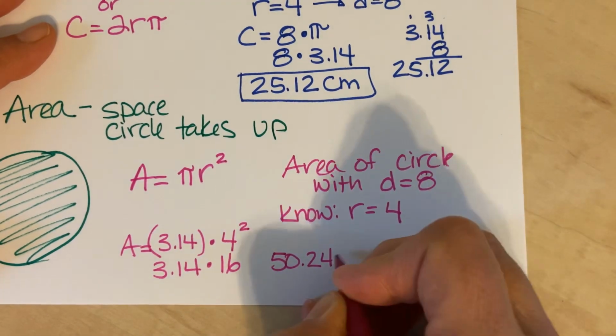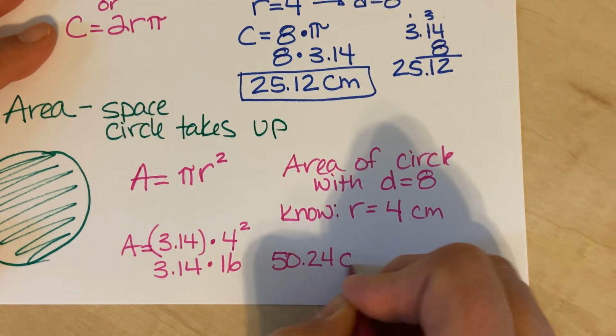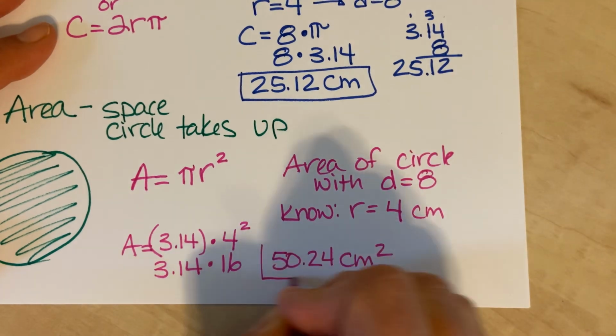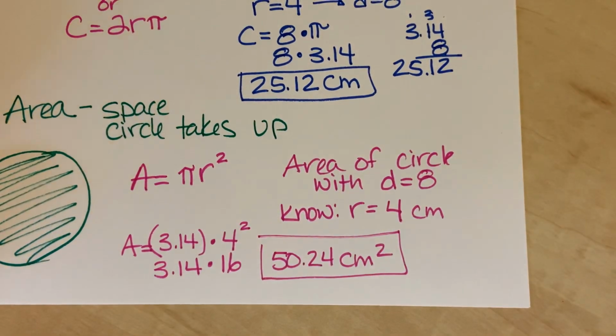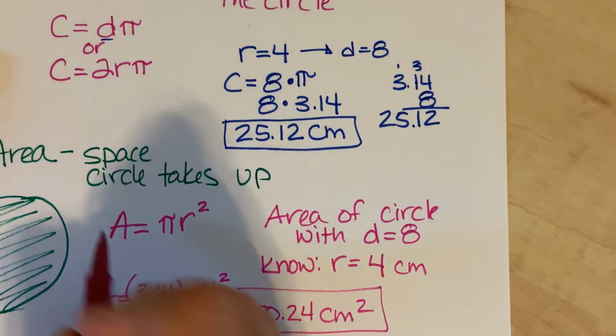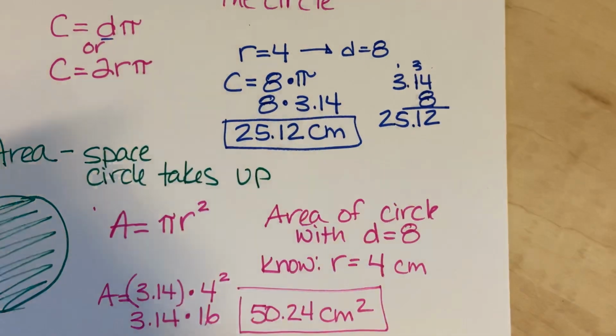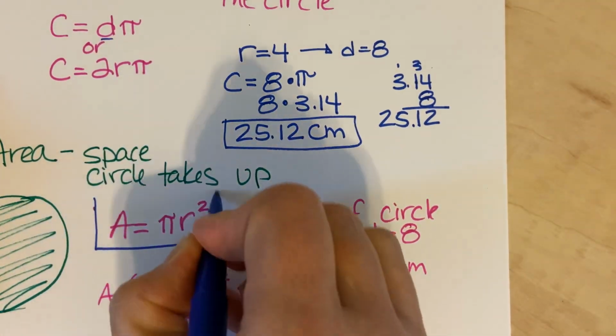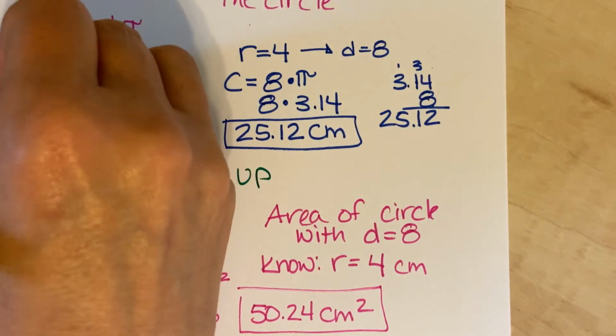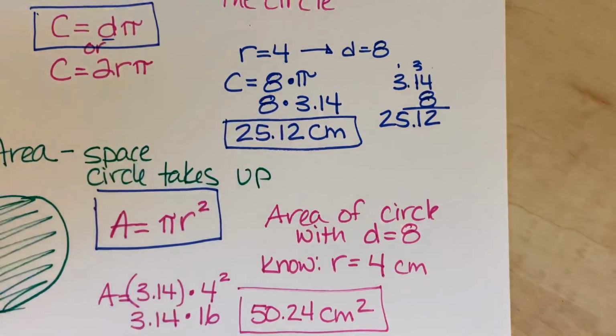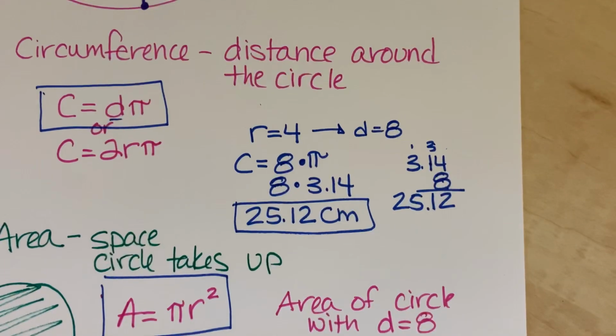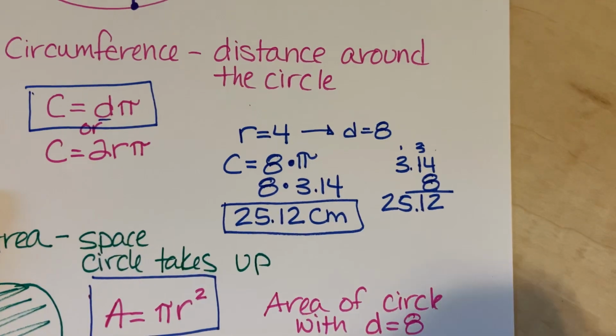And that would be, if that was centimeters, we'll say that's centimeters, squared, because it's area, okay? Okay, so the formulas that you have to know are your area formula and your circumference formula. Either one of those would work, okay?